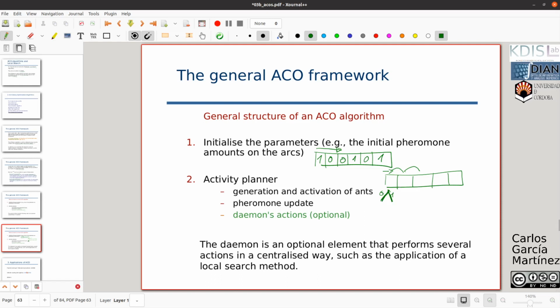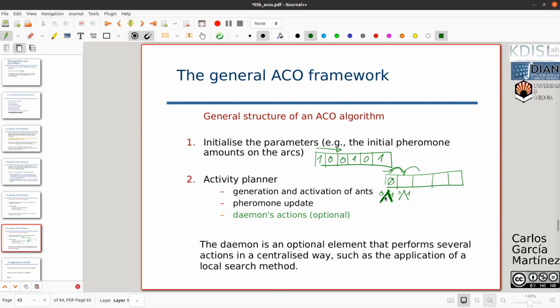You got a heuristic information for this choice, but also a pheromone amount for each of these two choices. You evaluate these two possibilities, and according to the transition rule, you set this value. Afterwards, the ant moves to the next position, where you got again two possibilities, and so on and so on.